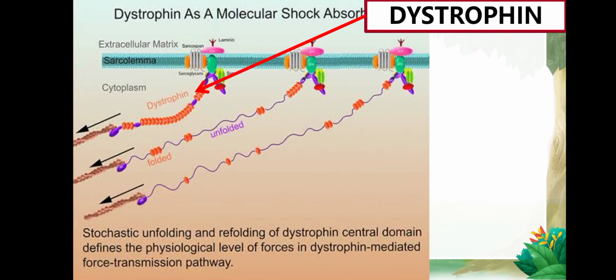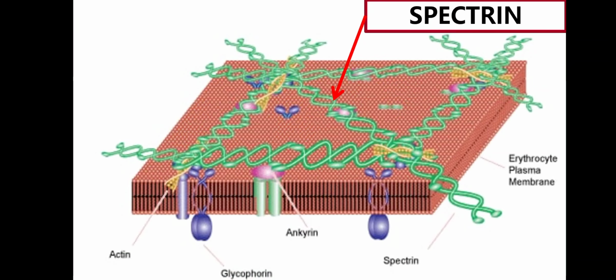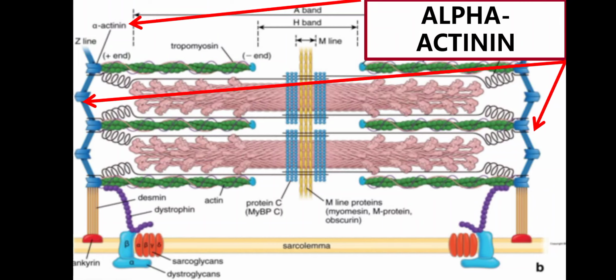Again, in this figure dystrophin is connected to actin filament, which acts as a molecular shock absorber for the cell. Spectrin is a bed-like scaffold, an interconnected net-like structure which gives support to the cell. And alpha actinin is the protein that binds two actin filaments to each other.